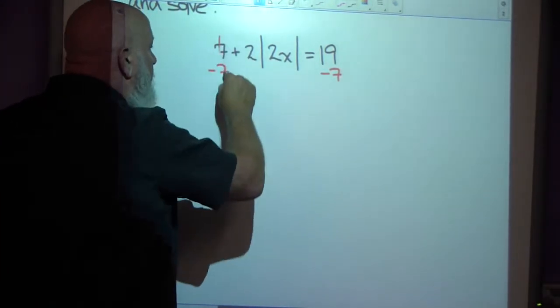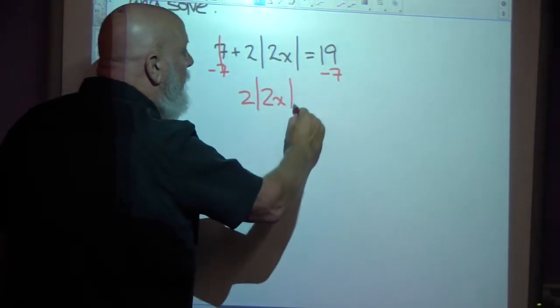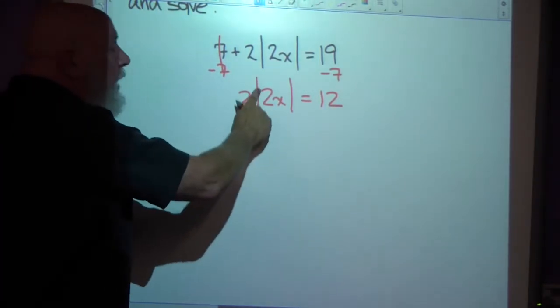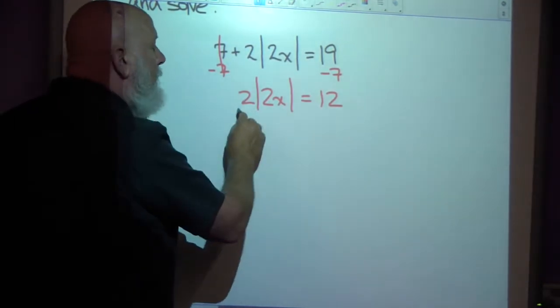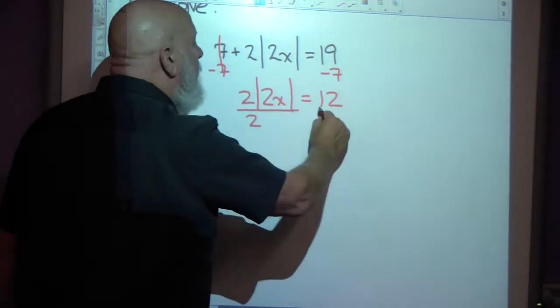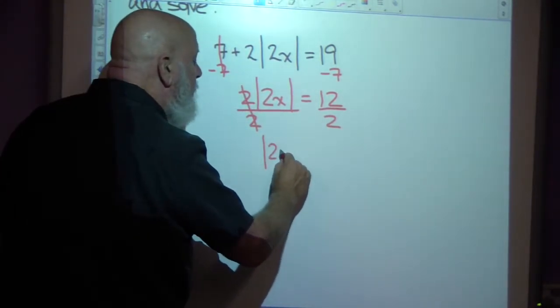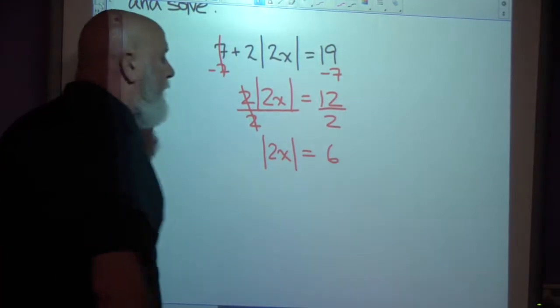Rewriting yields 2 times the absolute value of 2x is equal to 12. I still am isolating this absolute value. I don't want that multiplied 2 there, so I'm going to divide both sides by 2. Now, my absolute value symbol is isolated, and this turns into 6. 12 divided by 2 is 6.